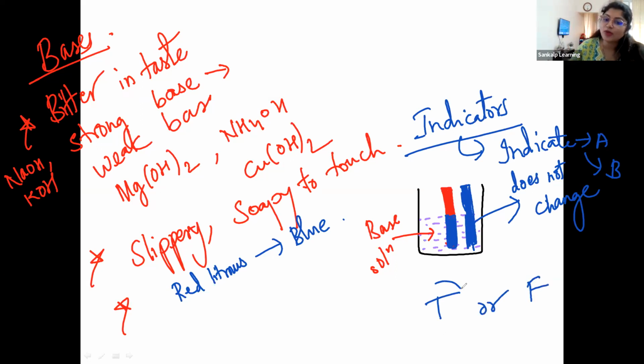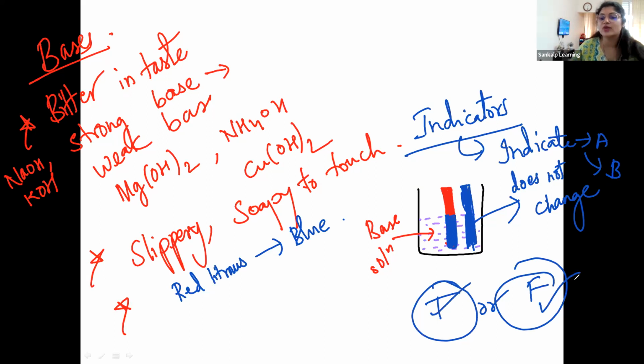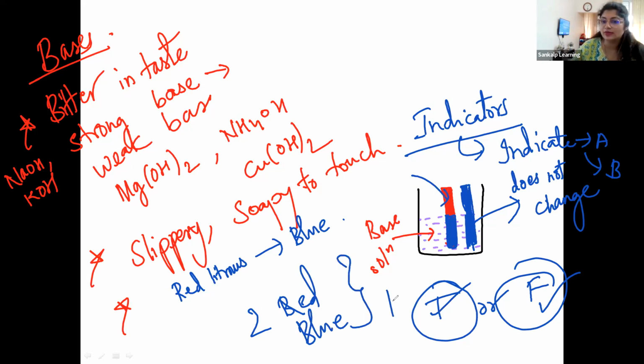It is either true or it is false, not both conditions. I want any one answer, not both. So I have two options: a red litmus paper and a blue litmus paper. Any one should give the answer.